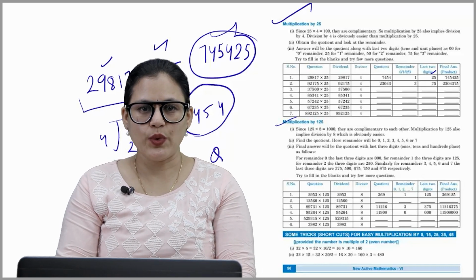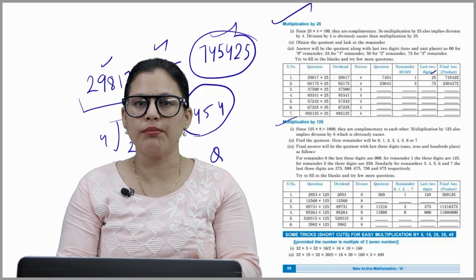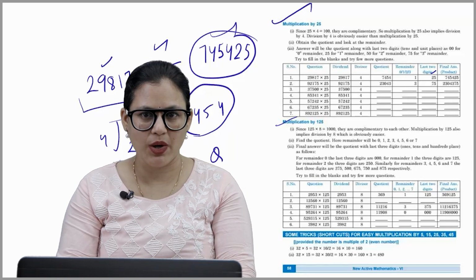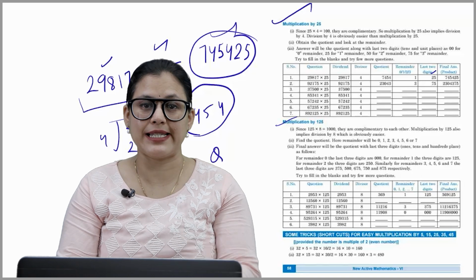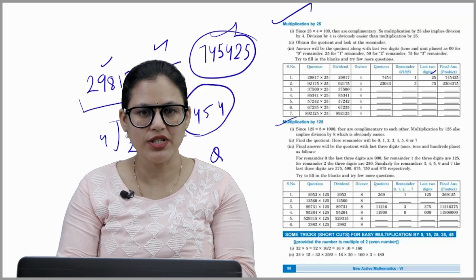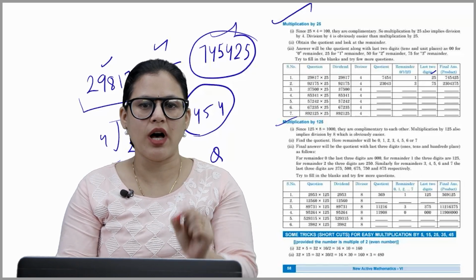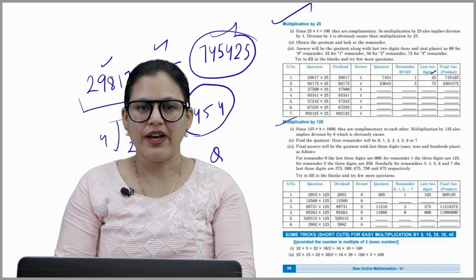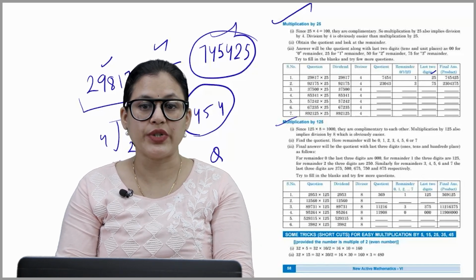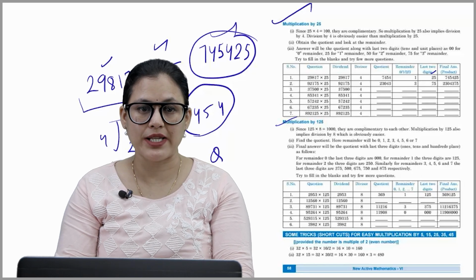Now next, check multiplication by 125. Since 125 into 8 is equal to 1000, they are complementary to each other. Multiplication by 125 also implies division by 8, which is obviously easier. Number 2, find the quotient. Your remainder will be 0, 1, 2, 3, 4, 5, 6 or 7. Number 3, the final answer will be the quotient with the last 3 digits, that is ones, tens and hundreds places, as follows.